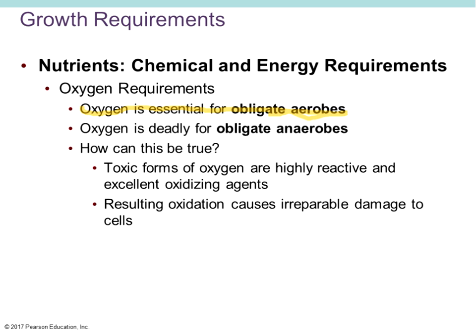For us, thank goodness, we have superoxide dismutase, and we also have peroxidase. So we have an ability to deal with oxygen. It's not toxic for us. It's actually quite useful. But for some organisms, oxygen can be deadly. They are obligated to stay away from oxygen, and we call them obligate anaerobes.